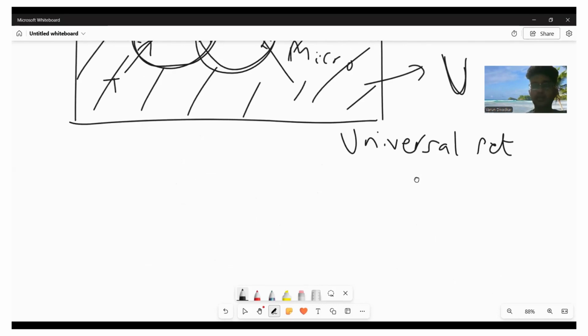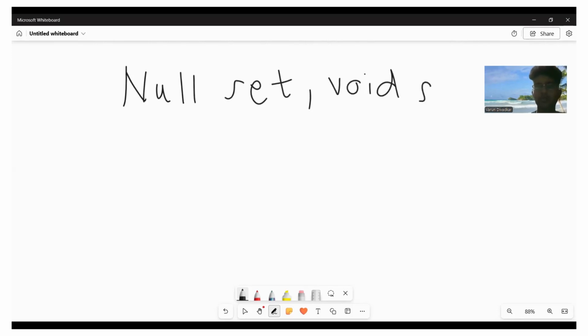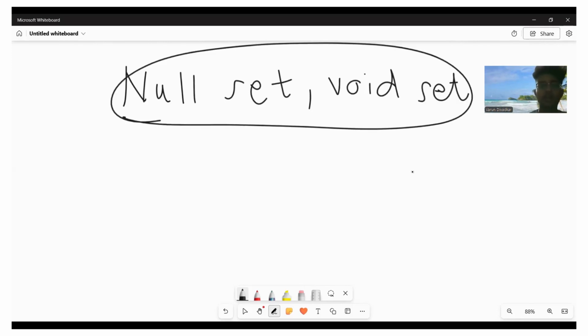And there's another interesting concept called as a null set or a void set, right? So what is this null set or void set? It's the same thing. So a set which contains nothing, right? It's empty. It's called as a null set or a void set.